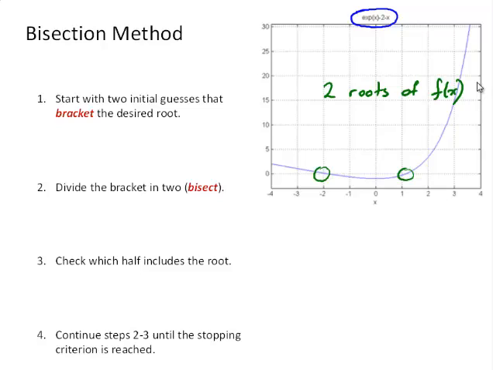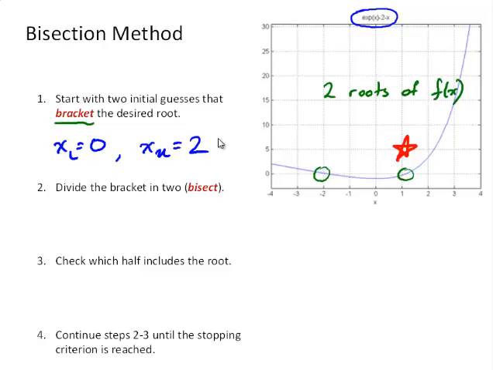And here's how it works. We'll start with two initial guesses that bracket the desired root. So let's say we're going to go for this root near x equals 1. So we might say that those guesses are xl is equal to 0 and xu is equal to 2.